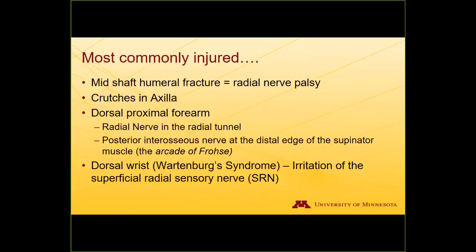Another way that it might be injured is that the posterior cord could actually be injured in the axilla due to the use of crutches. So like a person who's a prolonged crutch user, or an adult perhaps that's been using axillary crutches, because they have something like cerebral palsy or something like that.